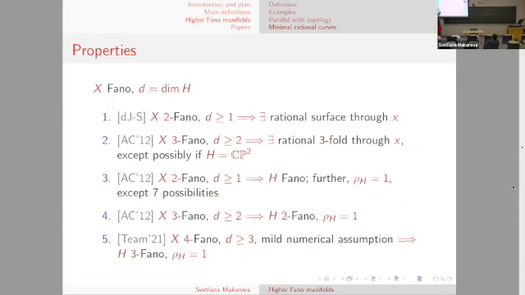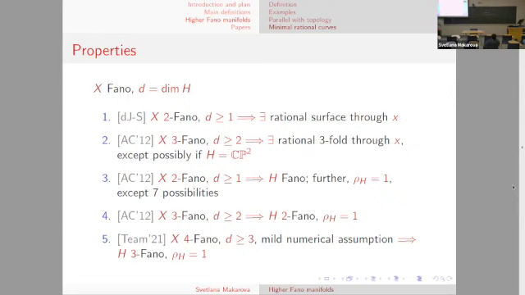Then Carolina and Anna Maria prove an analogous thing for 3-Fano manifolds with the dimension of H at least 2, that there is a rational threefold passing through a general point X. They could not verify the case when H is just CP2, but they suspect that even in this case there would still be rational threefolds passing through a general point.